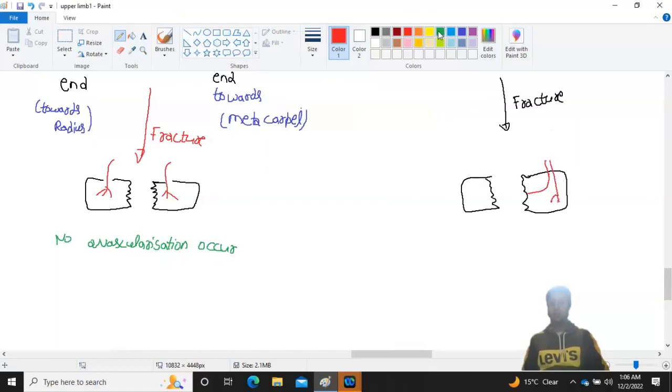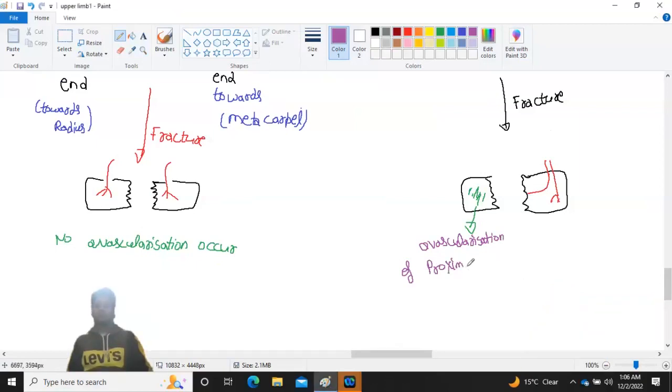This part dies, here the proximal part. Avascularization of proximal scaphoid occurs. Then it is occasional, this is occasional.